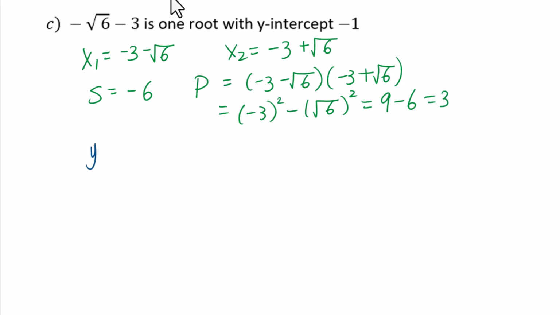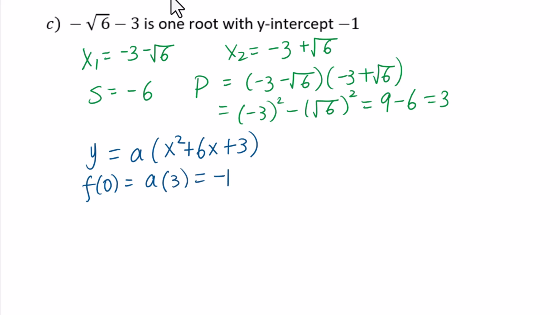So Vieta's form: y equals a times x squared minus sx, so plus 6x plus 3. f of 0 equals a times 3 equals negative 1. Then we divide by 3 on both sides. a equals negative 1 over 3.